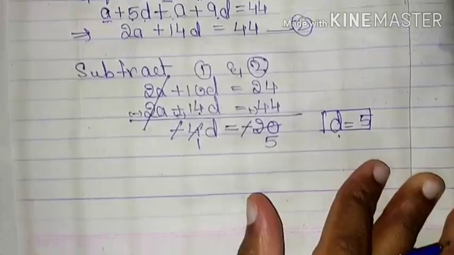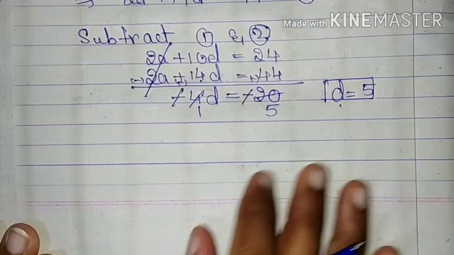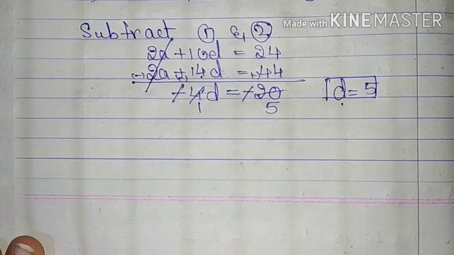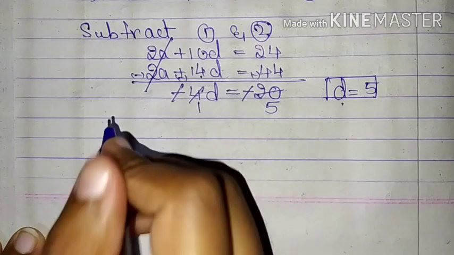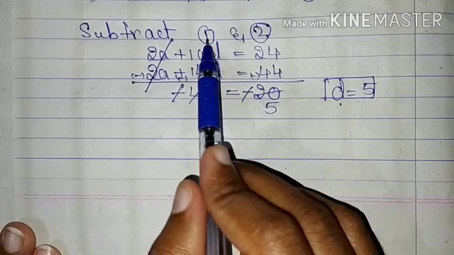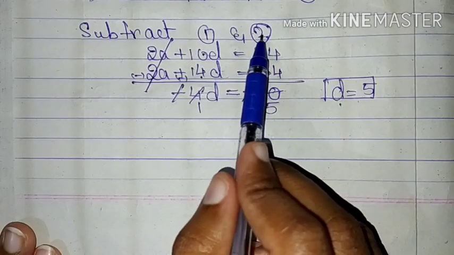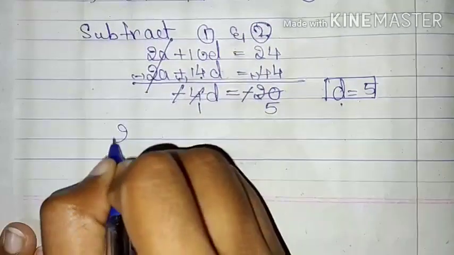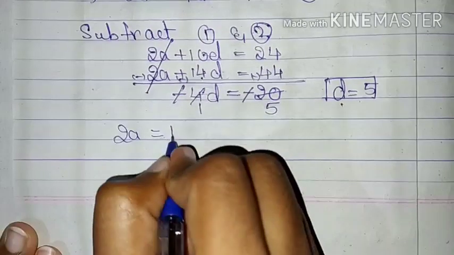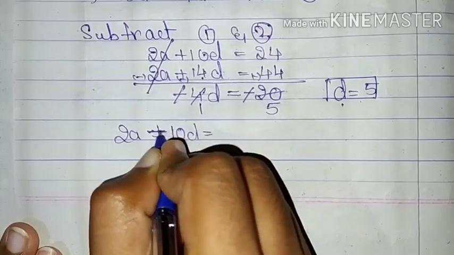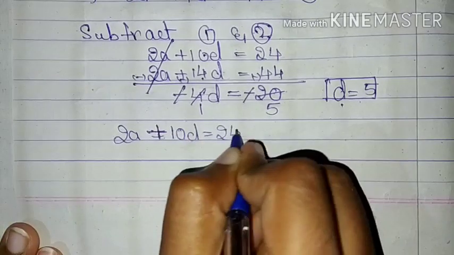Now to find the first three terms of an AP, we have to know the value of the first term, that is A. So to find A, put the value of D in either equation 1 or equation 2. I'll put this in equation 1. So 2A plus 10D is equal to 24.